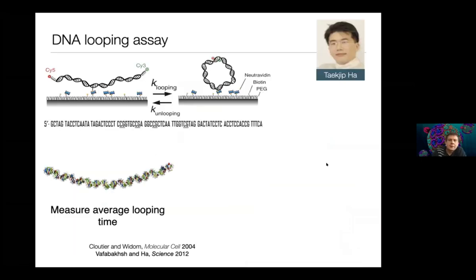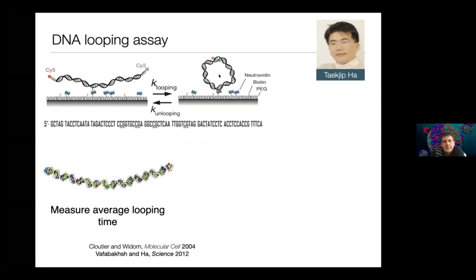So how can it be probed experimentally? One of the ways is the so-called DNA looping assay, which was pioneered at the single molecule level by TAGGIP and his lab. What you have here is a single molecule of DNA labeled with two fluorophore dyes.